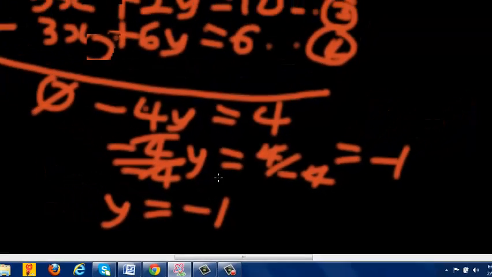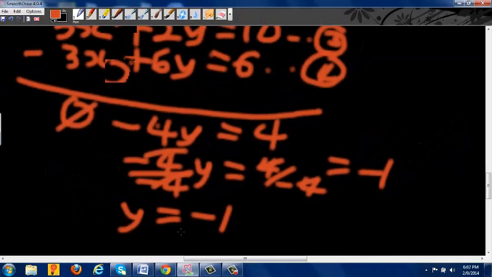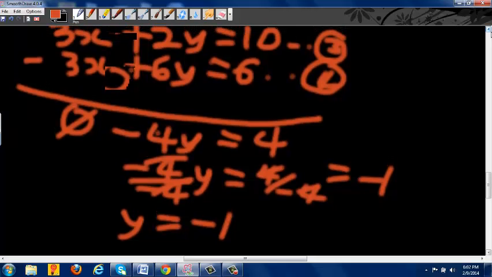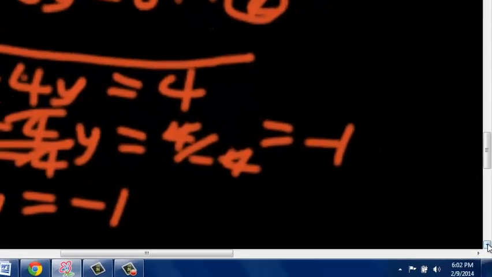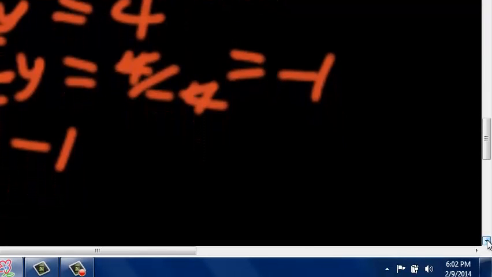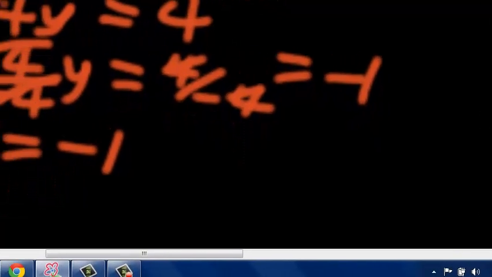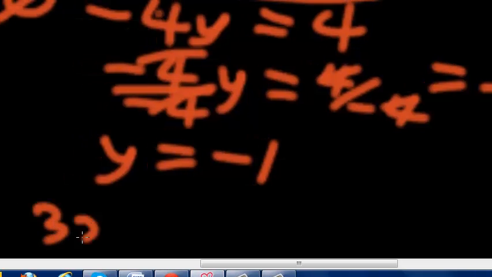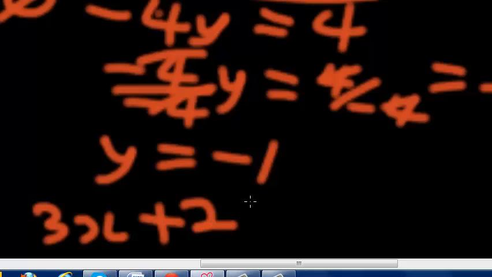Now we'll now take this value of y into any of the equations. Let's just say, okay, let's put the value of y into equation 3, for instance. So what we'll now get is simply 3x plus 2y is equals to 10. Now once we put, say, 3x plus 2y, now plus 2, our y is minus 1.